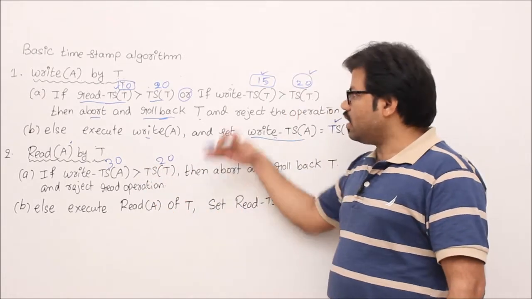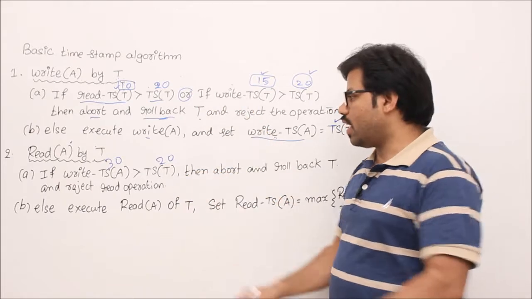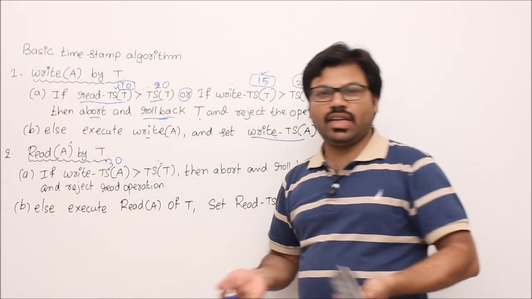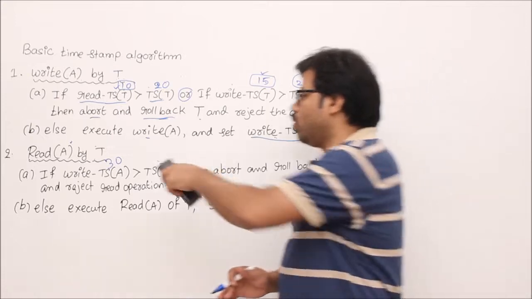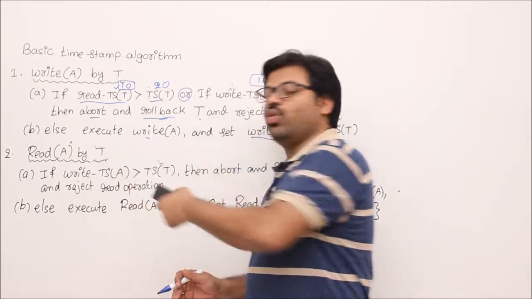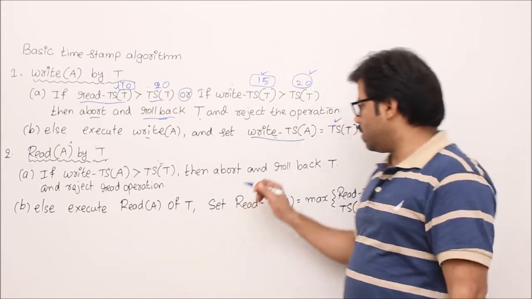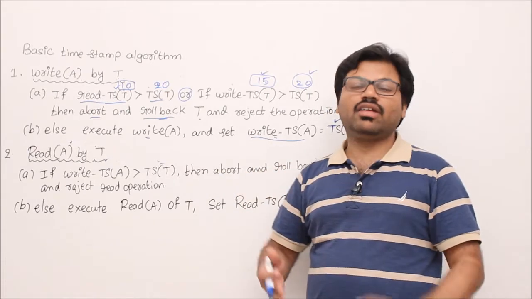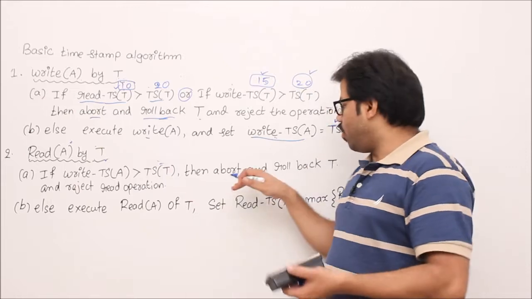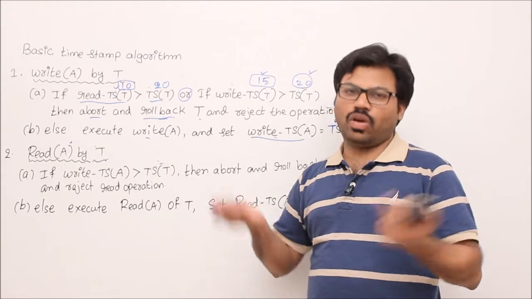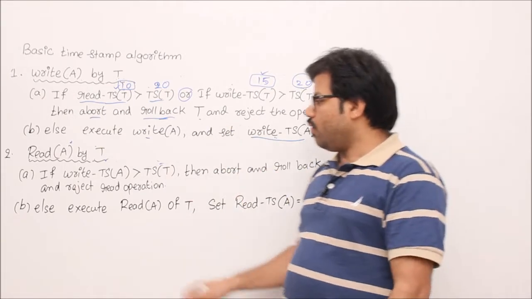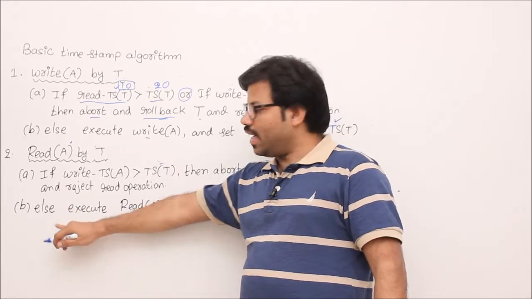So this algorithm says that this kind of thing is happening just now. So far it did not happen. So I cancel such a transaction which has this condition. So this transaction will be cancelled. See, abort and roll back, whatever actions were performed by your transaction T will be rolled back, cancelled.